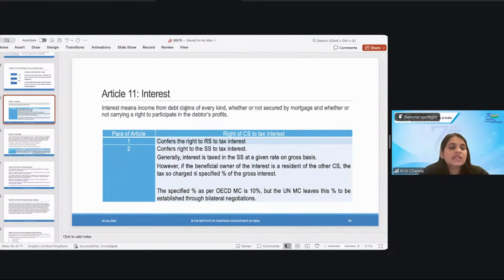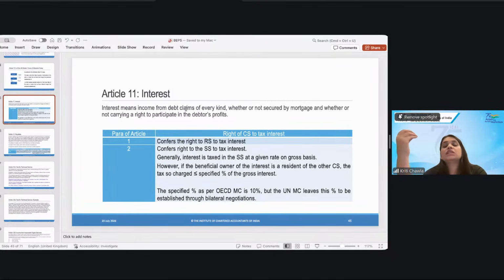That is basically interest. Now, if you read through Article 11, paragraph 1, this is where it confers the right onto the resident state to tax interest. But paragraph 2 also can confer the right onto the source state to tax interest. Generally, interest is taxed in the source state at a given rate on a gross basis.